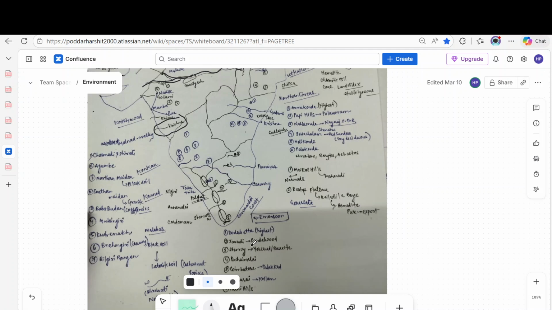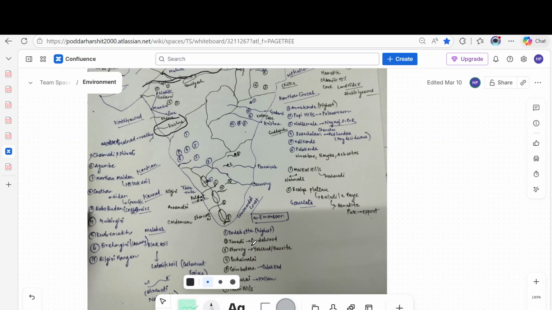Baba Budan is famous for its coffee hills, and the highest peak here is the Mullayanagiri. Just inside of the Baba Budan hills, we have the Mullayanagiri hills. Then Kudremukh is famous for iron ore.